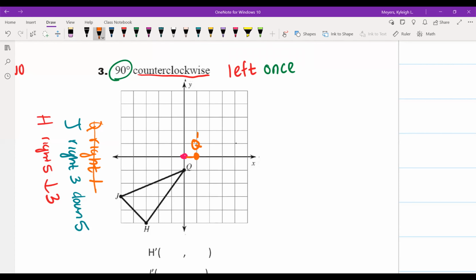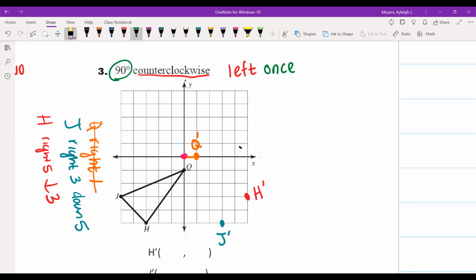Our new Q, right? Our J is right 3, down 5, and that's right here, our new J. Our new H was right 5, down 3. That's here.